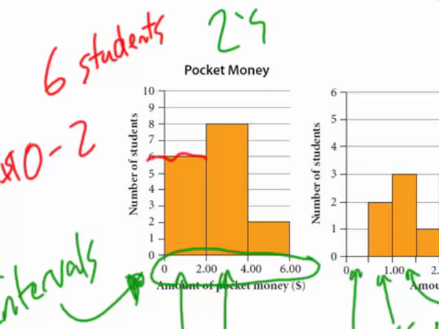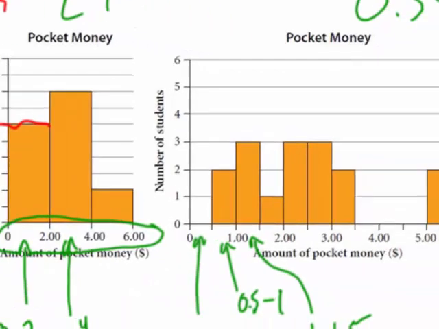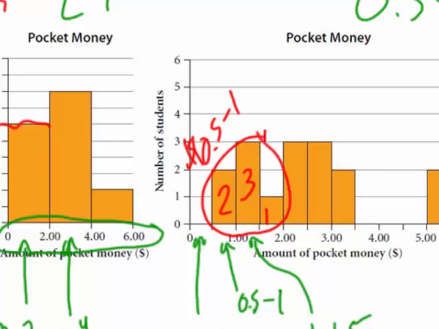But there were 6 different or the same amounts all from 0 to $2. Whereas if I look at this other graph, where would those 6 students exist? Well, there'd be the 2 students in this bin from 0.5 to $1 in their pocket. There'd be 3 students in this bin and 1 student in that bin. So this is the exact same as this bin over here, except it gets separated up.